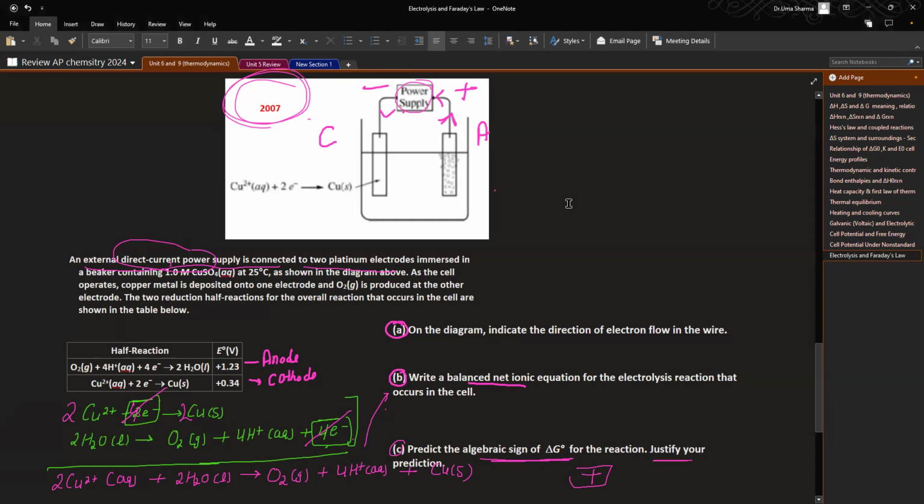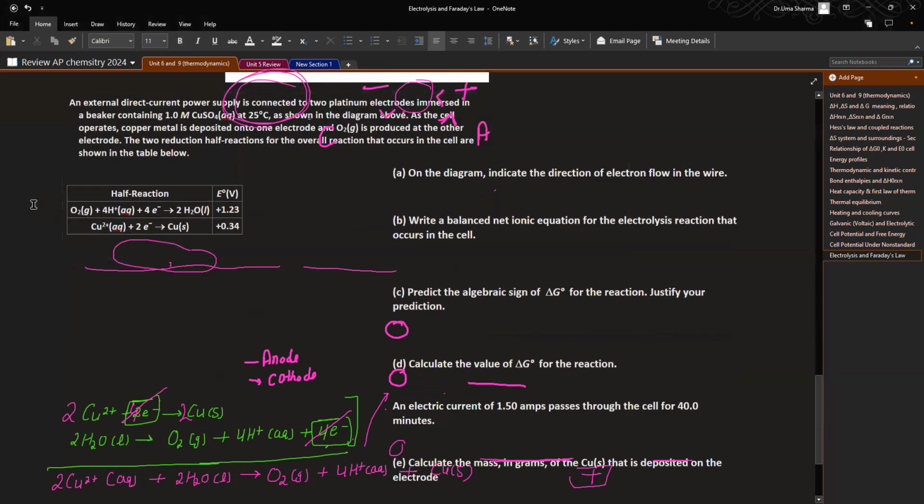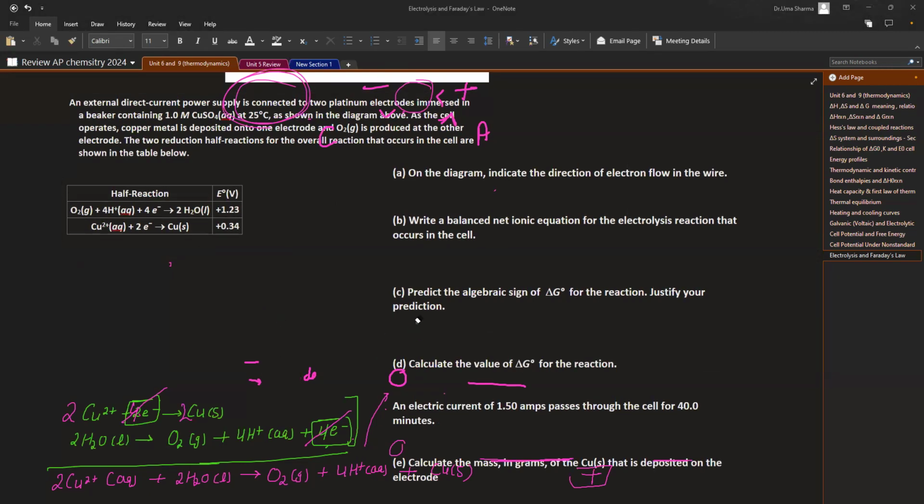Okay, now moving on. Can we do the D part? You already know who is anode and who is cathode. How to calculate delta G naught value? By using an equation which will be given to you in the examination as minus nFE naught cell. Yes, very good, Vinaya.